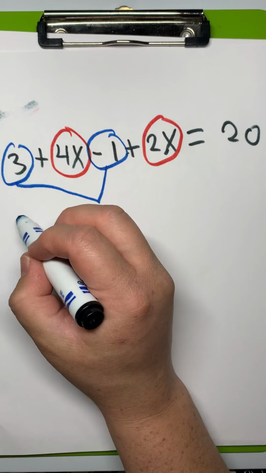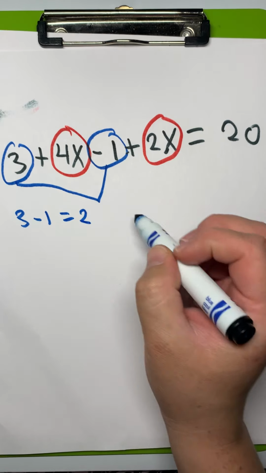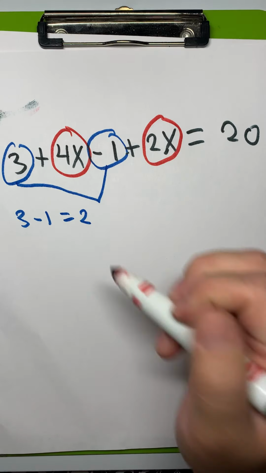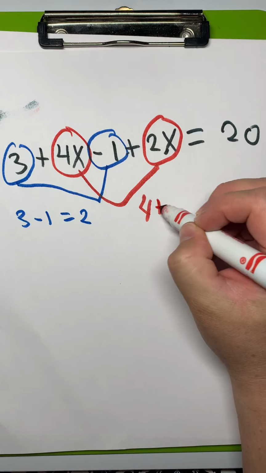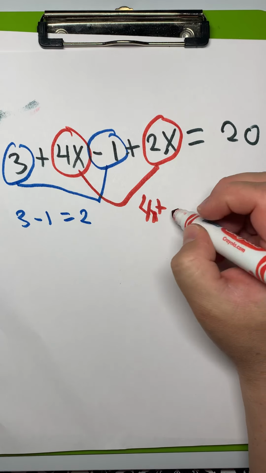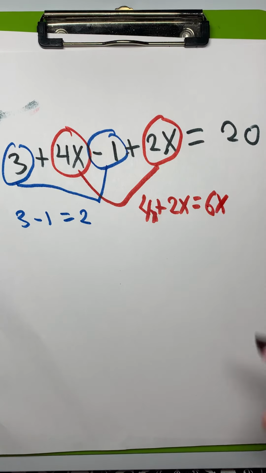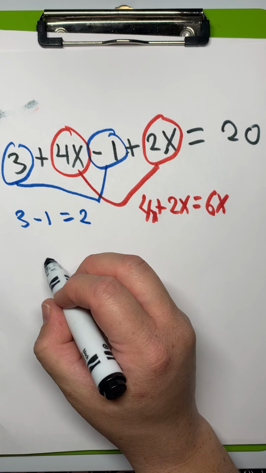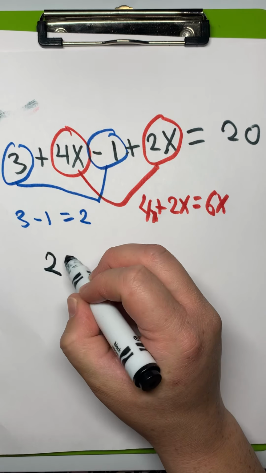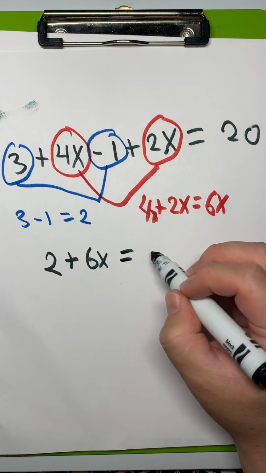So we'll deal with these first since these came in first. Here we have 3 minus 1, which equals 2. Next, let's do our variables. We have 4x plus 2x, which equals 6x. Okay, once you put both of those together, your entire equation looks like this. It can be 2 plus 6x equals 20.